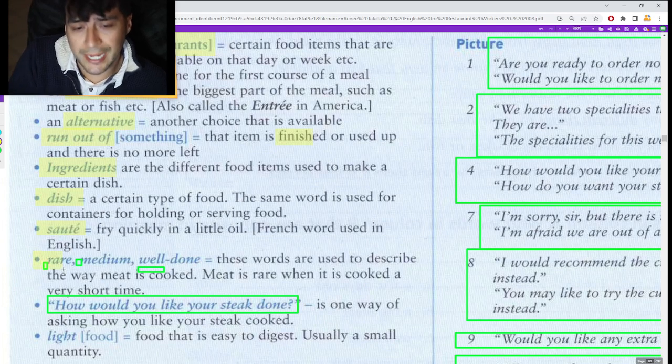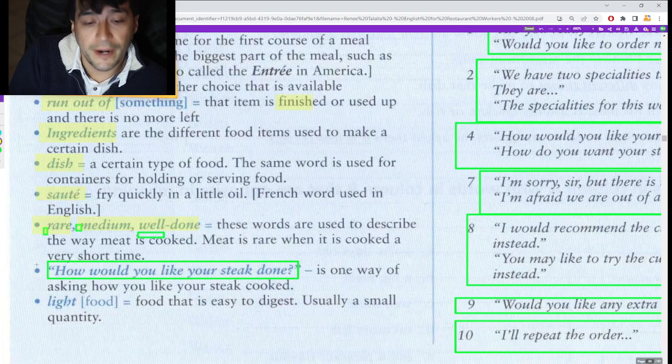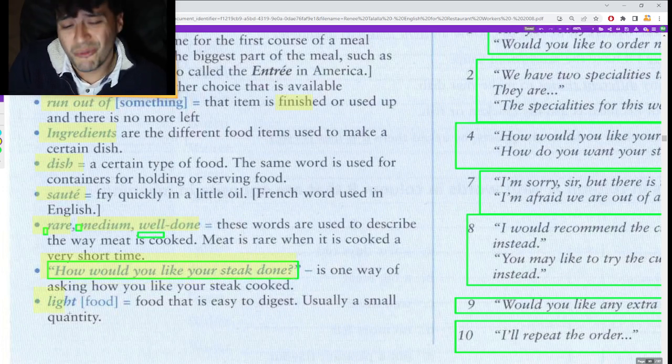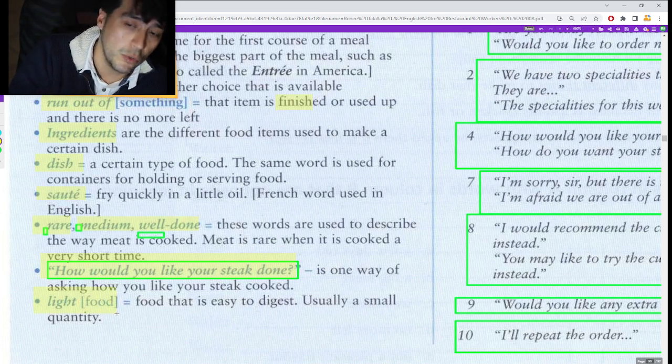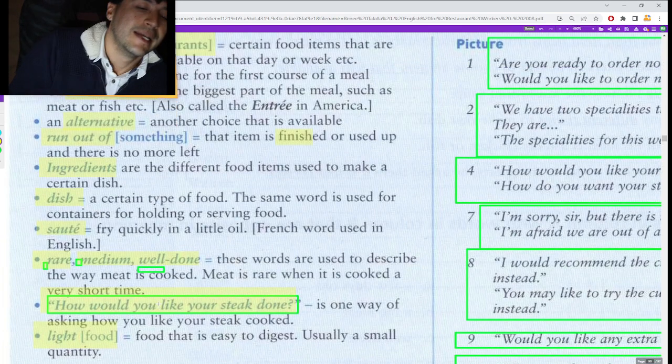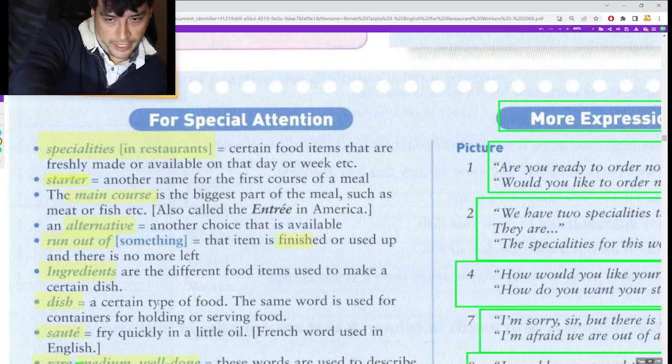Of course, we have the temperature for the steak: rare, medium, and well done. How would you like your steak cooked? How would you like your steak done? And we have another one for the alternative. She said the cucumber mousse was light and fresh. This section is very important in the book.